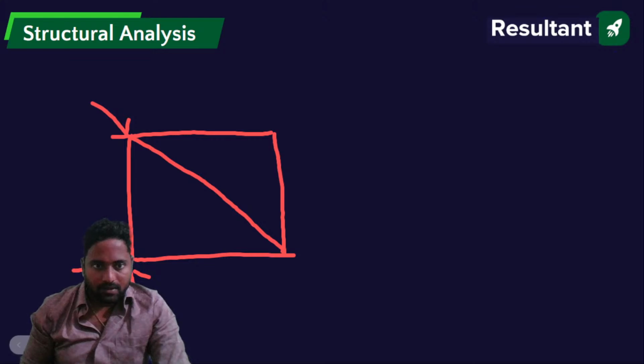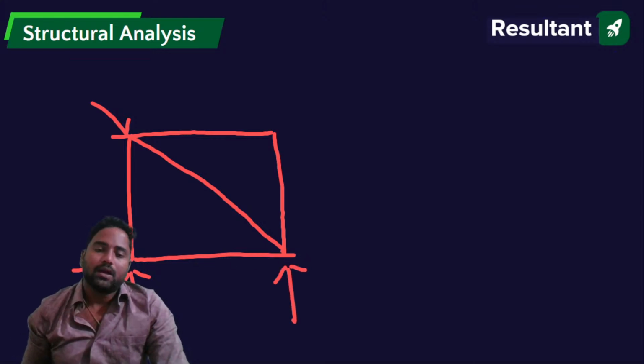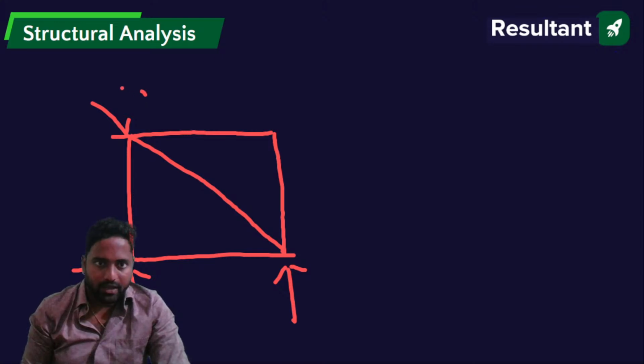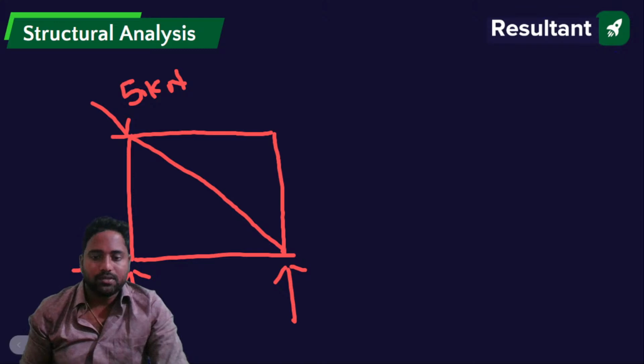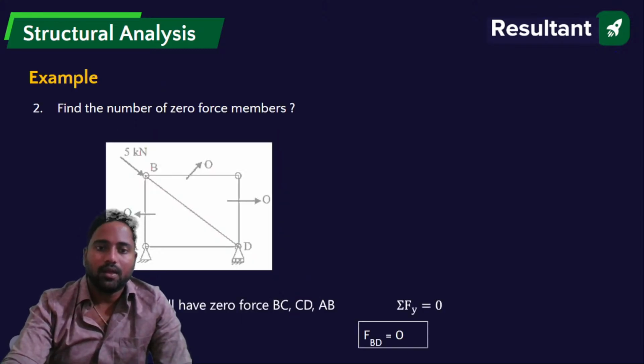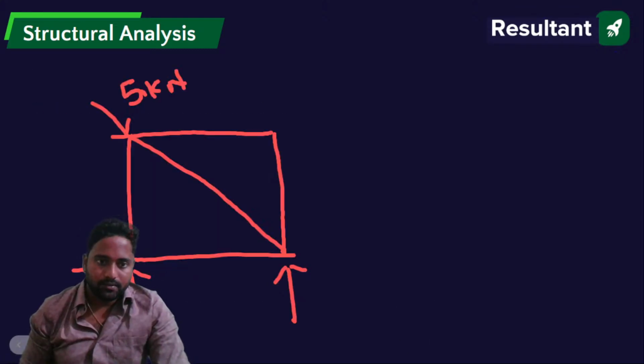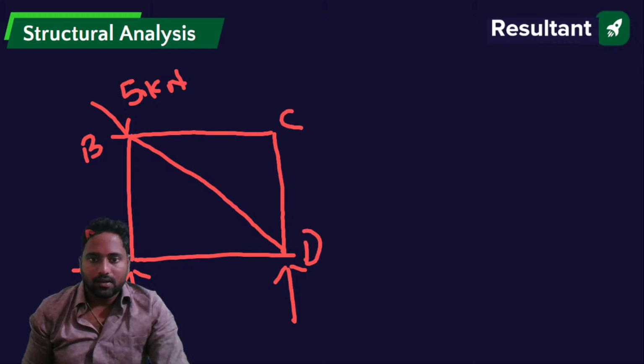These are the reactions that you generally see at the hinge support and the roller support. And this is 5 kilonewtons. This is A, this is B, this is C, and this one is D.